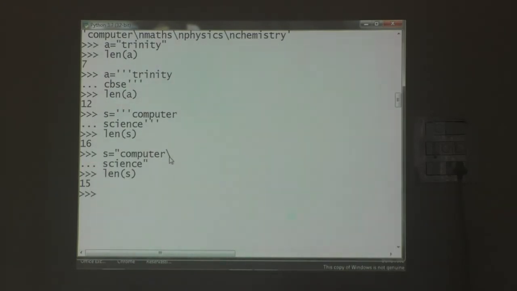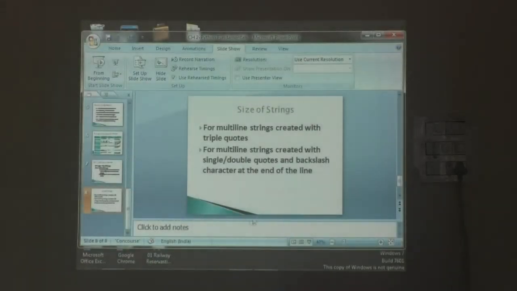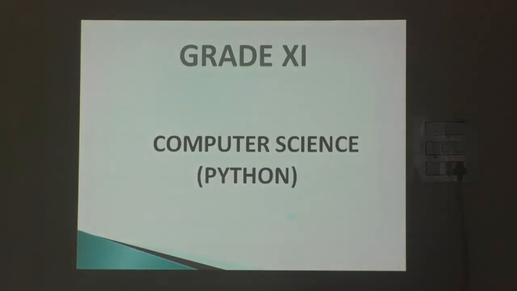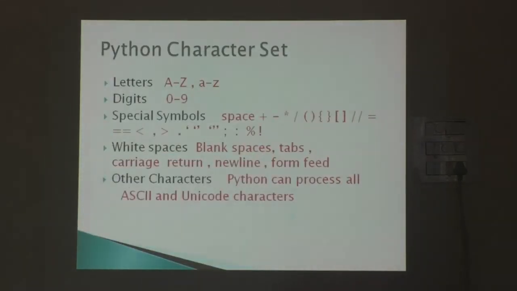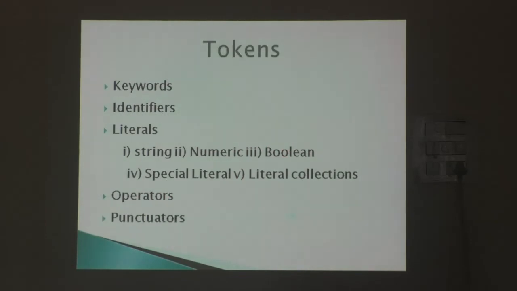So what we have seen today is the Python character set and tokens. We saw which character sets come under Python. The next one is tokens. There are 5 types of tokens, the smallest individual units in our program.